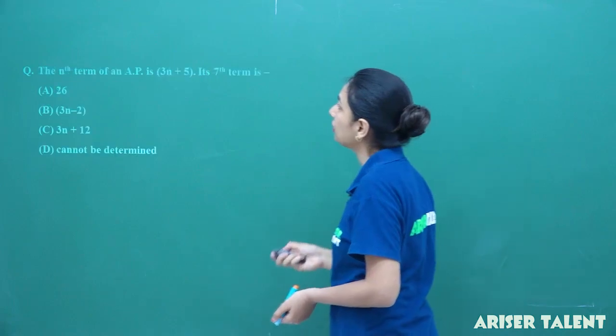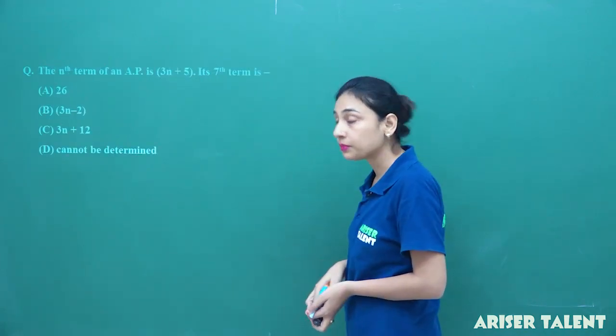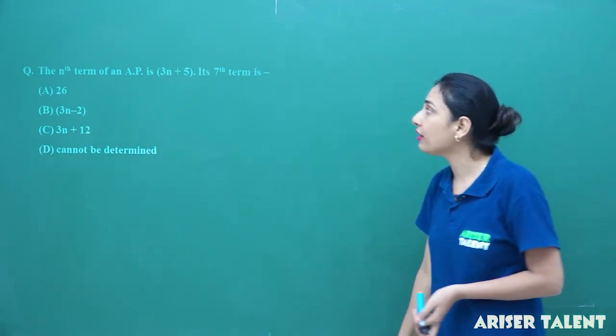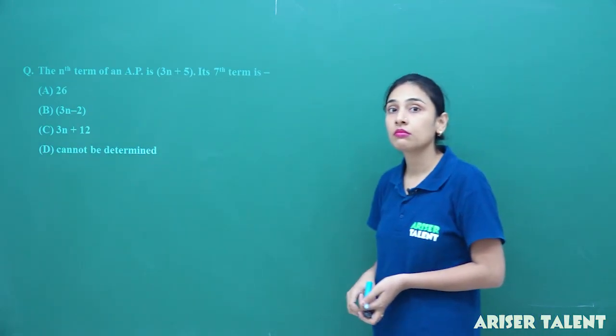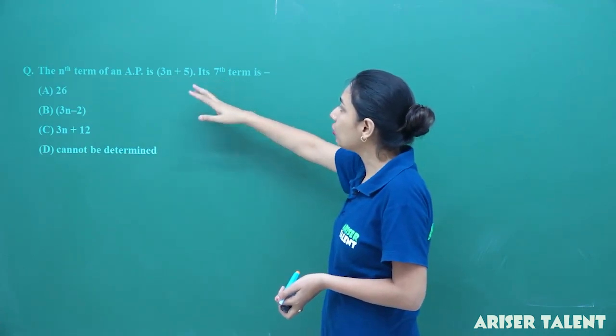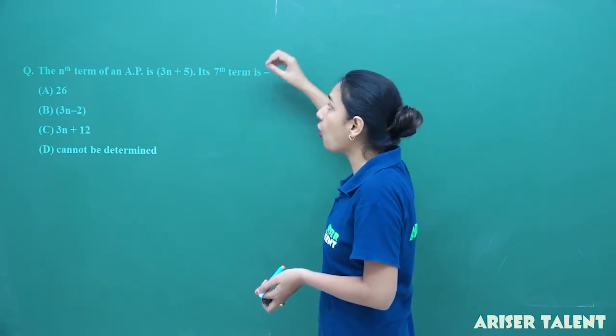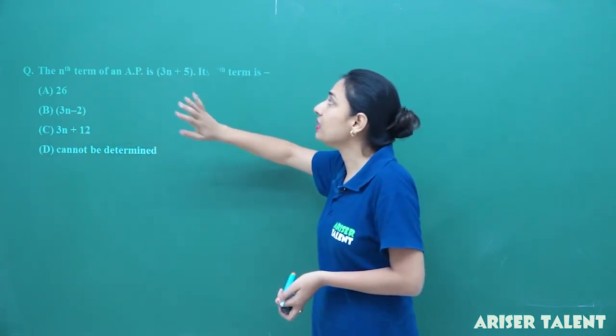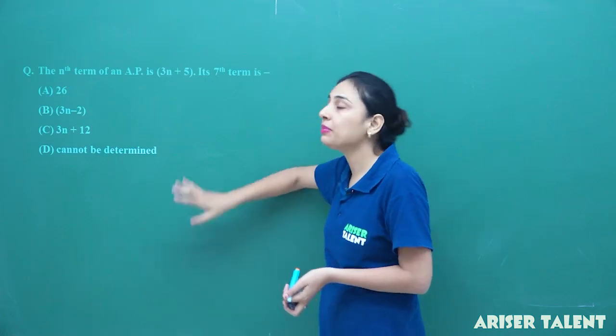Now, the next question is: the nth term of an AP is 3n plus 5. Its 7th term is? Now, don't be dumb here and start making formulas and all. It's simply asking that the nth term of the AP is equal to 3n plus 5.